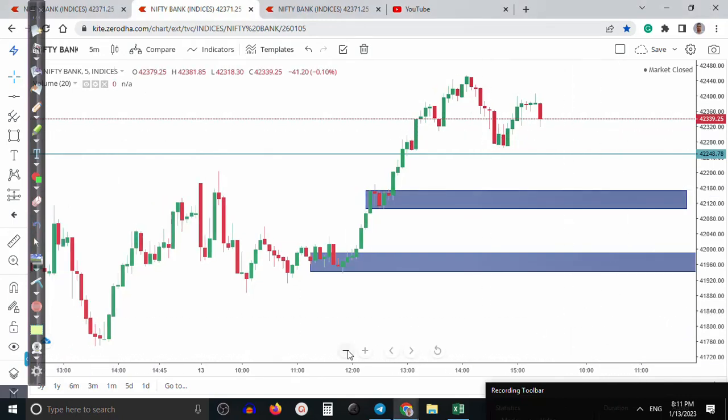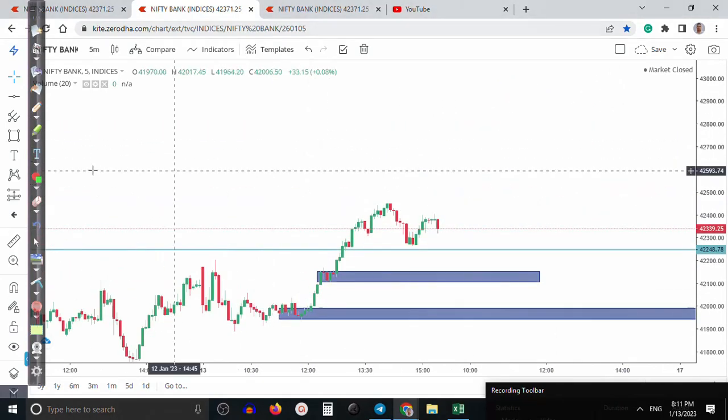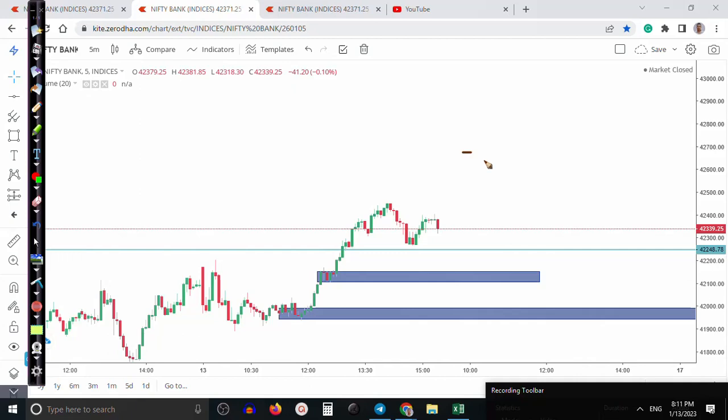Just a minute. Let's say price opens gap up somewhere here. We'll wait for a pullback, and after that we'll use the price action method. If price opens gap up and shoots to the upper side, we will wait. We are never in a hurry.